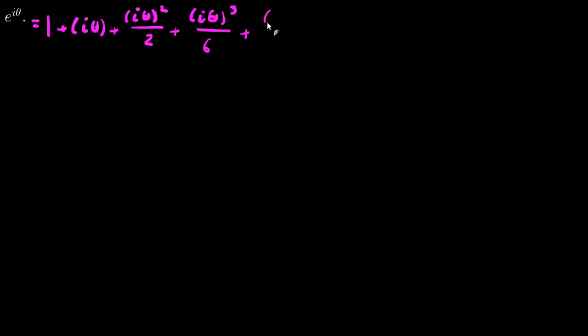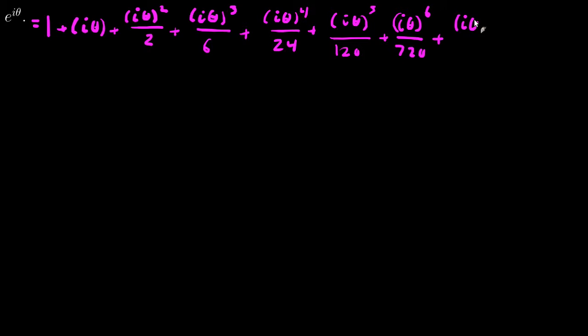Well, using that rule for e to the x, I know what this equals: 1 plus i theta plus i theta squared over 2 plus i theta cubed over 6 plus i theta to the 4th over 24 plus i theta to the 5th over 120 plus i theta to the 6th over 720 plus i theta to the 7th over 5040, and this keeps on going.